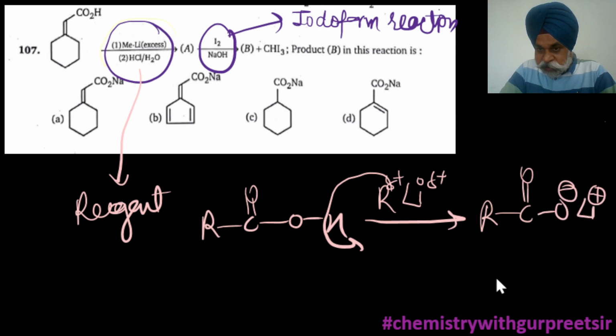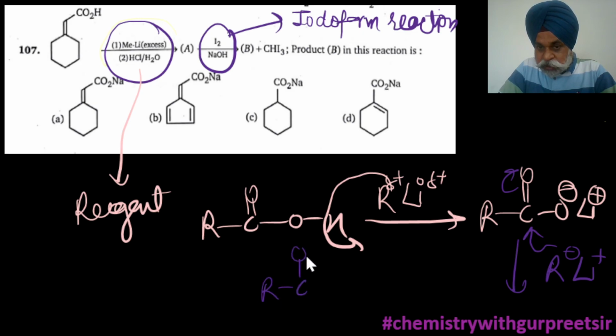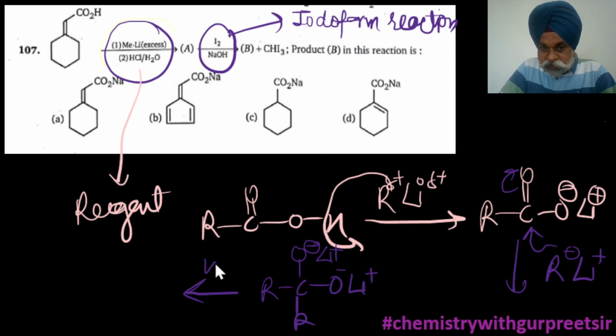Thereafter, alkyl lithium again attacks it, because you would find many more questions in M S Chouhan's book on this particular reagent. So this would change into O negative and the R, and the counter ion you get here is lithium. And then you have to hydrolyze it.